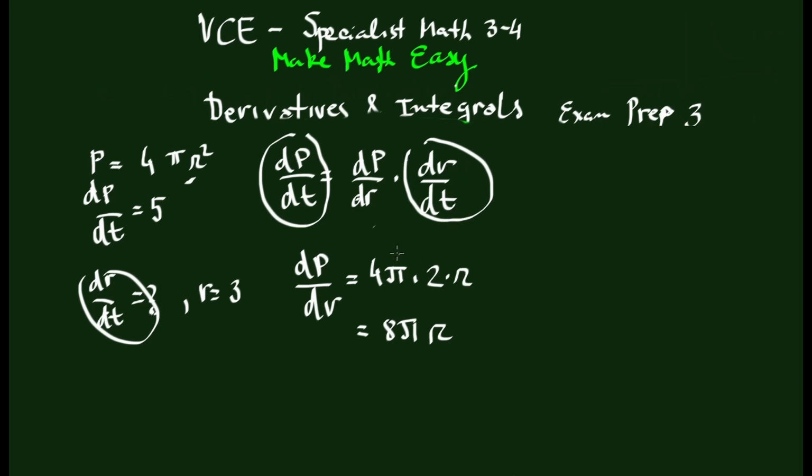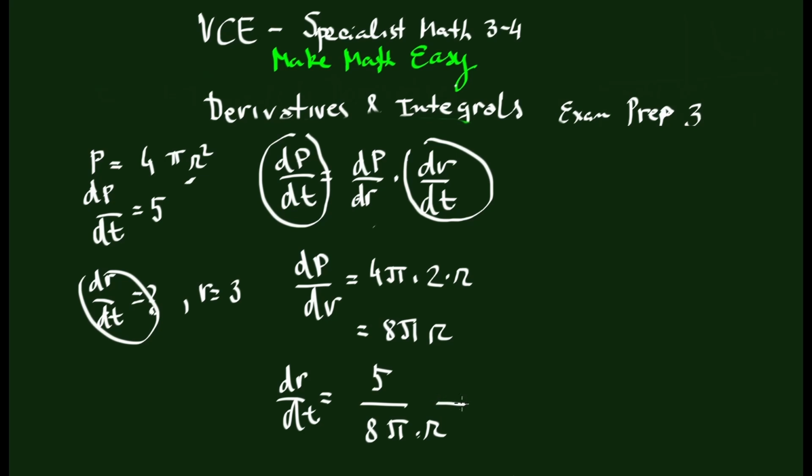So dp by dt, dr by dt. From there we get dr by dt equals dp by dt, which is 5, divided by dp by dr, which is 8 pi times r.